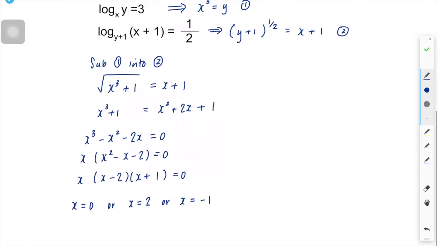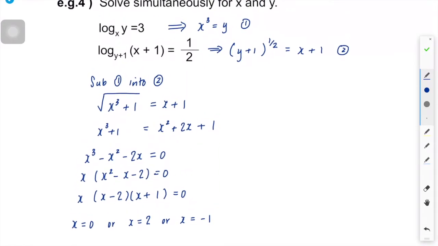However, in our context, we're really dealing with logs. So don't forget, when we're looking at logs, we need to make sure that the solutions that you get have no extraneous roots whatsoever. Well, x serves as a base in equation 1.